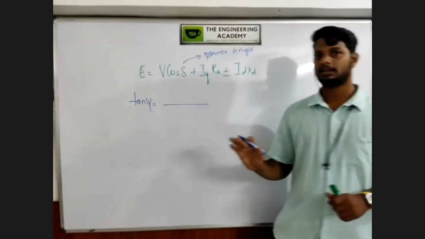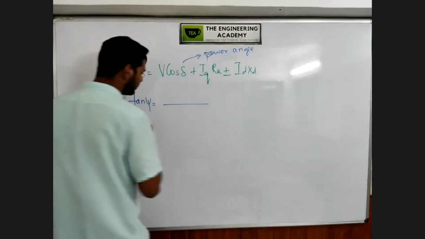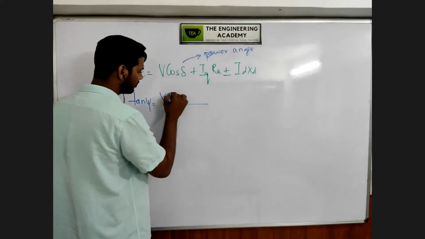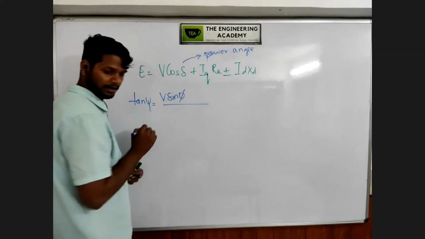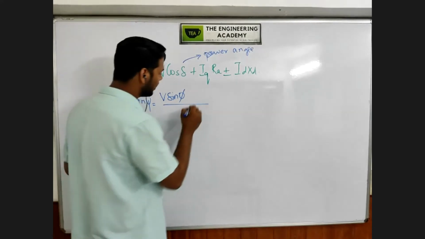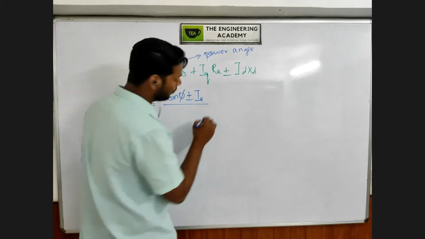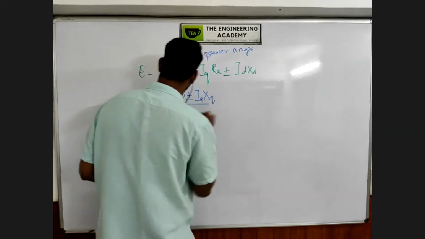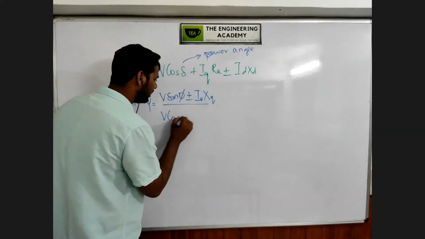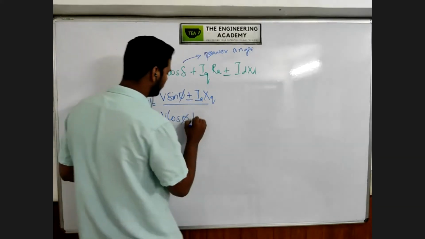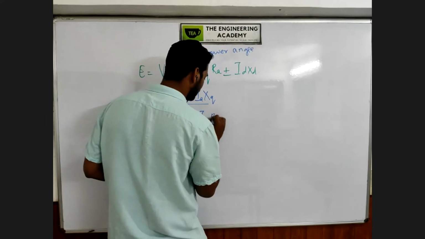First of all, write the formula for tan psi. Tan psi = (V sin φ ± IA XQ) / (V cos φ + IA RA).